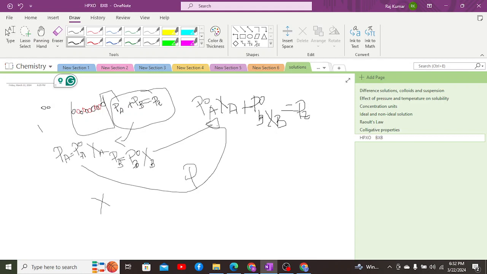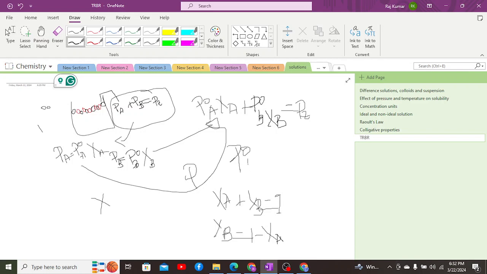Now we know that xA plus xB is equal to 1 for a binary solution, so xB is equal to 1 minus xA. We can put the value of xB into the equation.